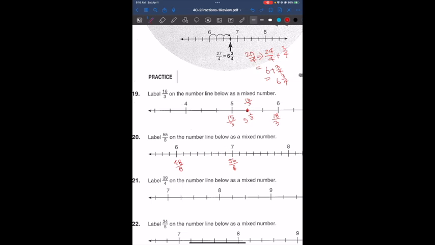And we have 8 spaces in between, so each space or each line is going to be worth 1/8. And so since 55 over 8 is 1/8 less than 56 over 8, it's going to be over here. And then we can write this as 6 and 7 over 8.